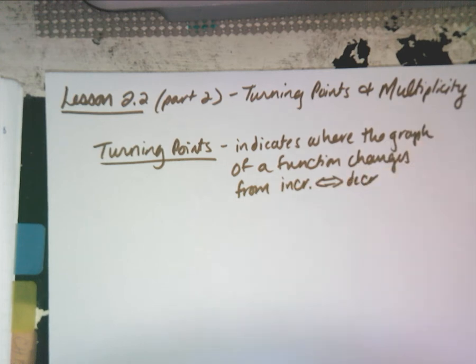And I'm putting this double arrow here so you understand that it's increasing to decreasing or decreasing to increasing. Either way, a turning point indicates where the graph of a function changes from increasing to decreasing. That's what a turning point is.